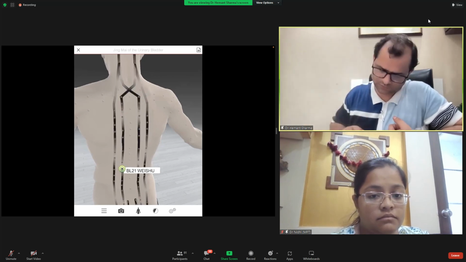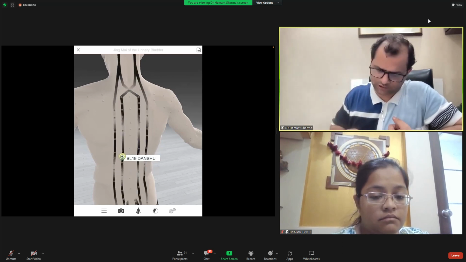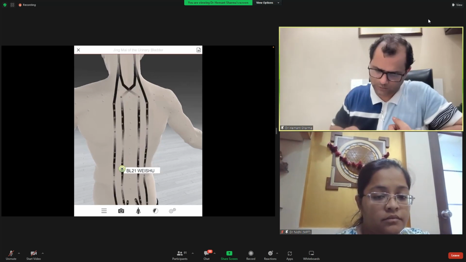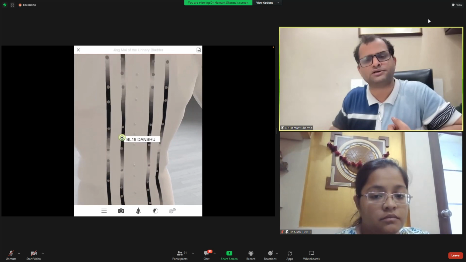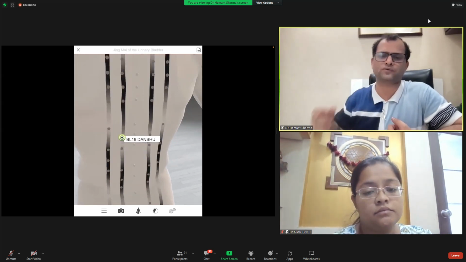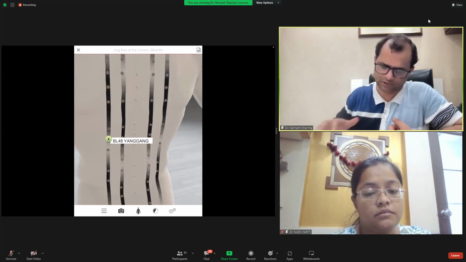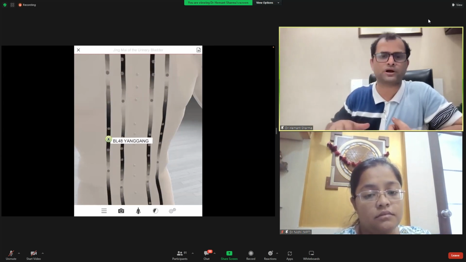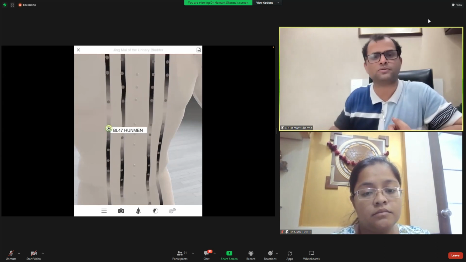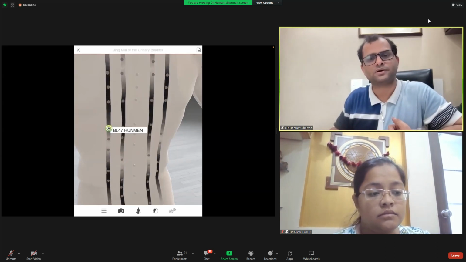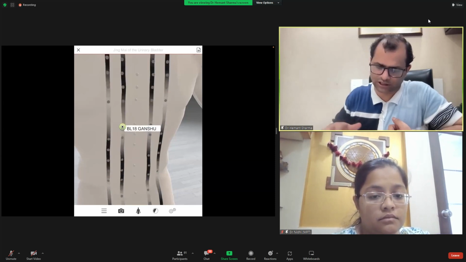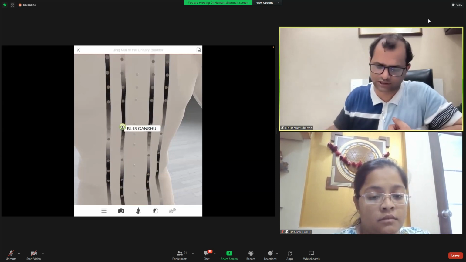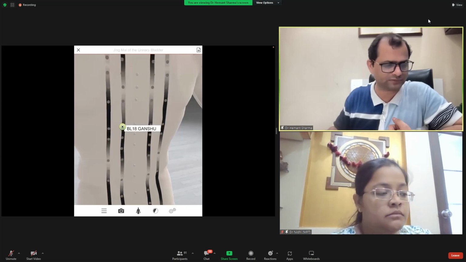Here is the gallbladder's back-shu point, bladder 19. At the same level, we have urinary bladder 48, and above it we have urinary bladder 47. So 47 is exactly at the level of bladder 18.